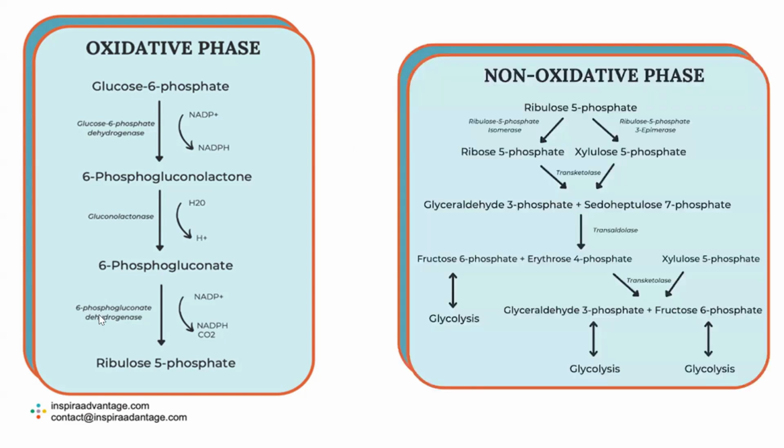And then the next one is the non-oxidative phase. In the non-oxidative phase, ribulose 5-phosphate can be converted into ribose 5-phosphate using ribose 5-phosphate isomerase. At the same time, another enzyme, epimerase, can convert ribulose 5-phosphate to xylulose 5-phosphate.